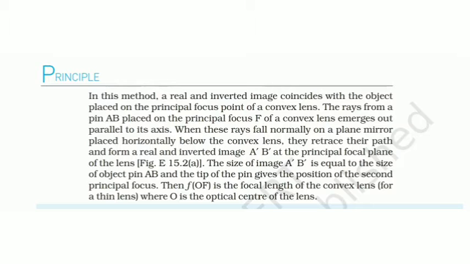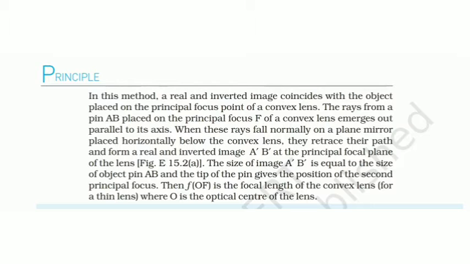When these rays fall normally on a plane mirror placed horizontally below the convex lens, they retrace their path and form a real and inverted image at the principal focal plane of the lens. The size of the image is equal to the size of the object pin, and the tip of the pin gives the position of the second principal focus.